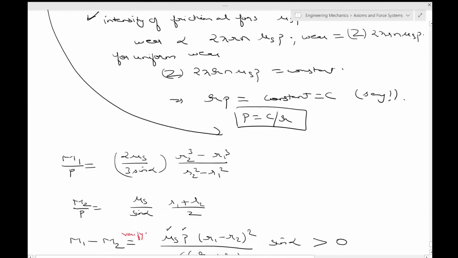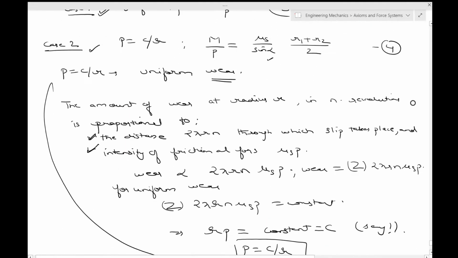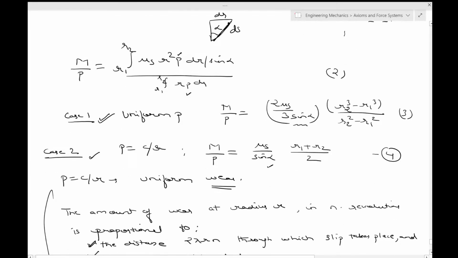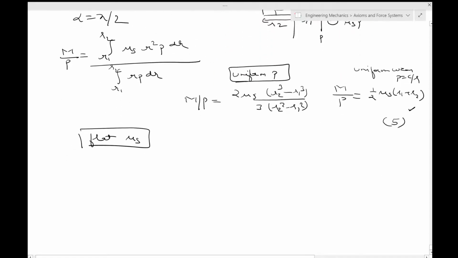Similarly, for uniform P, you have 2 mu s by 3, and over here you have 2 mu s by 3 divided by sine alpha. So there is this factor of sine alpha dividing. So if flat is mu s, then conical is mu effective equal to mu s by sine alpha. Now sine alpha is always greater than 0 and smaller than 1, so mu effective will be greater than mu s.